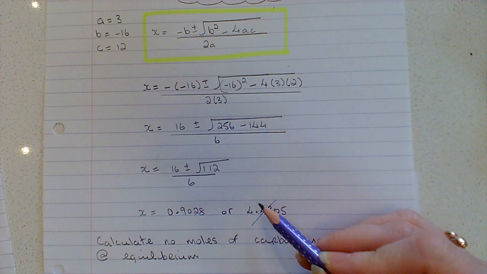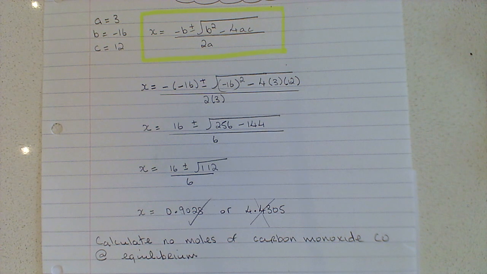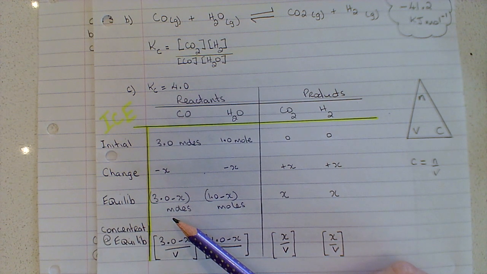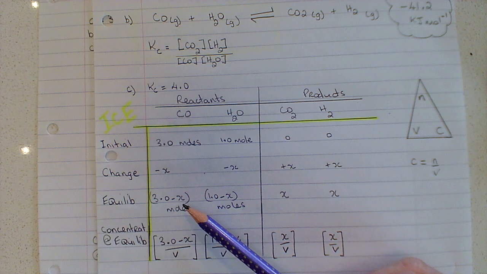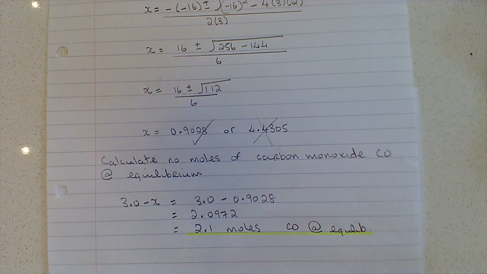So this is the answer we delete, and we take the 0.9028 answer. Therefore, at equilibrium, the number of moles of carbon monoxide is going to be 3.0 minus the x, which I just figured out, which will give me a value of 2.1 moles of carbon monoxide at equilibrium.